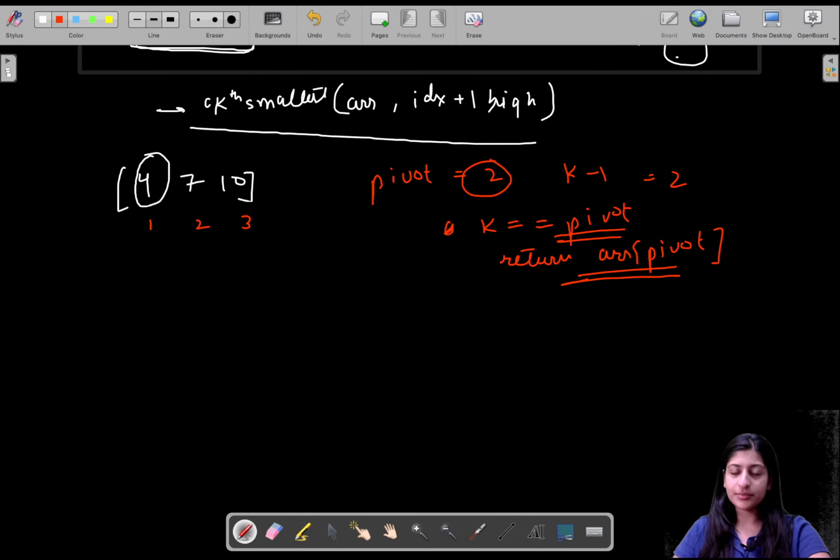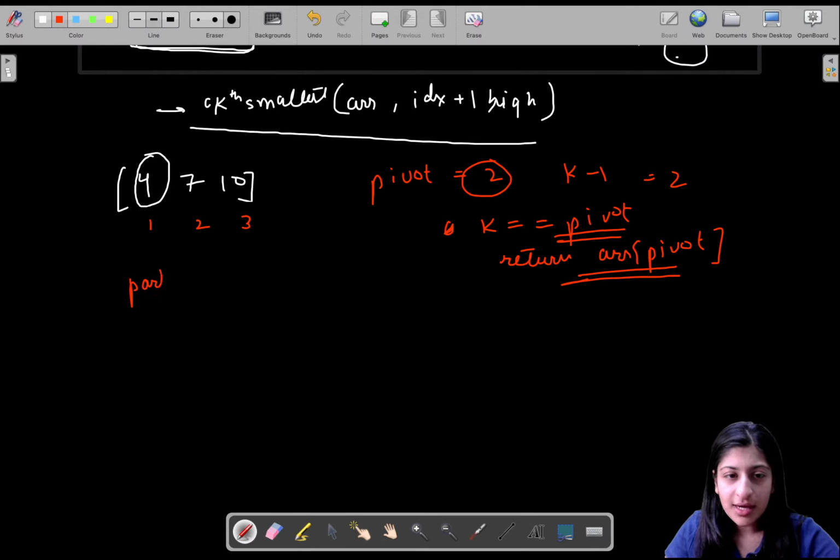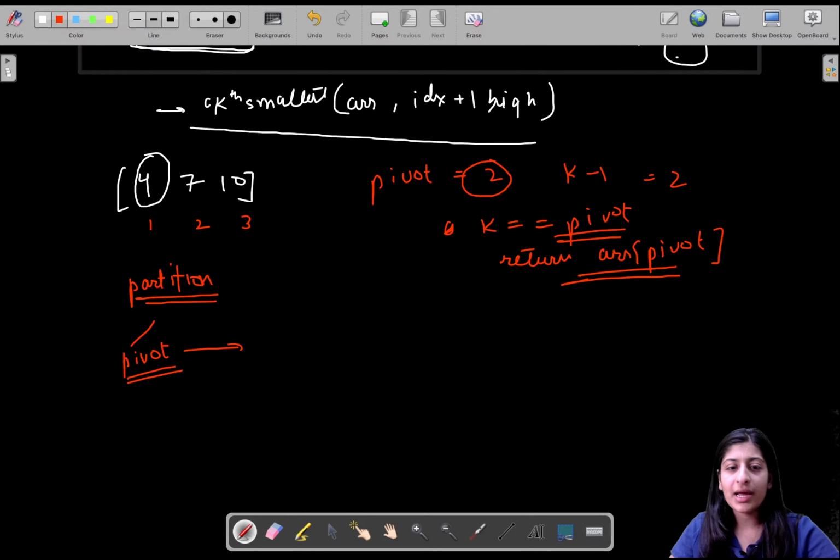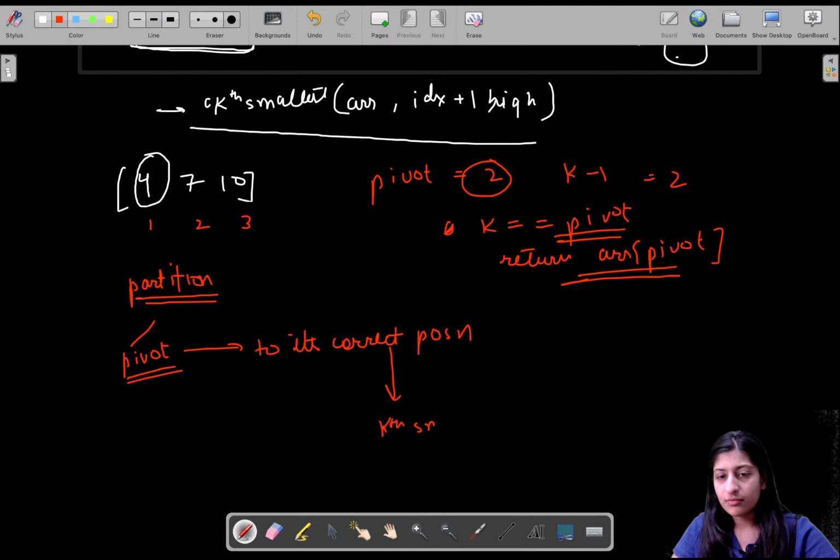Coming back to the whiteboard, what did we do? We are using a partition index. Partition takes a pivot element and brings it to its correct position in your array. That is the function of the partition function. Then that position is passed to your kth smallest element function, in which you are doing all the other operations.